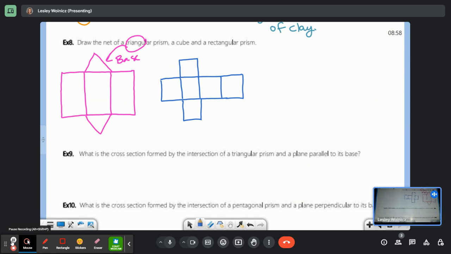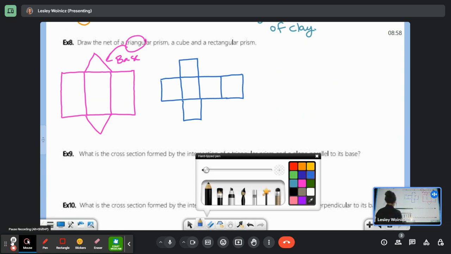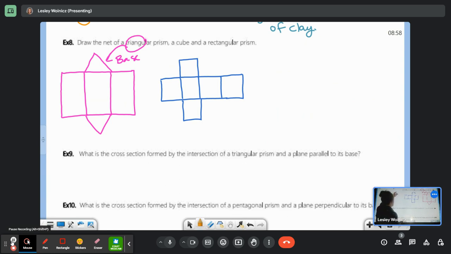Okay, rectangular prism is going to be kind of like the cube, but we have lopsided sides. Okay. You don't need to struggle.